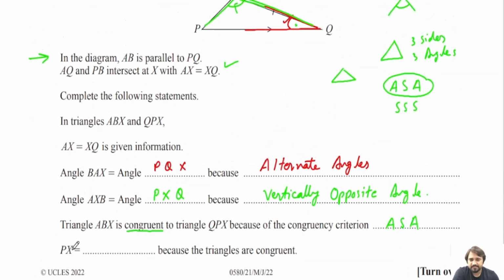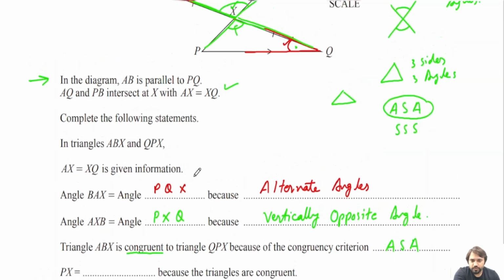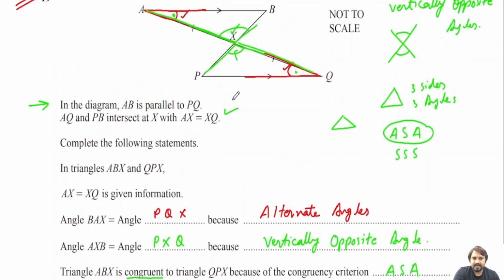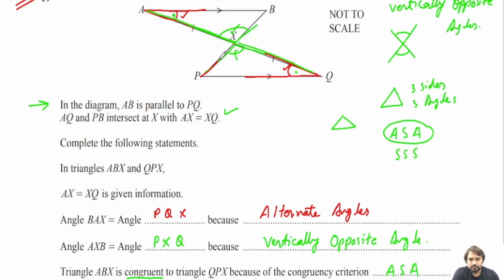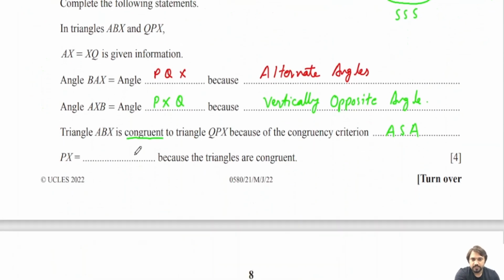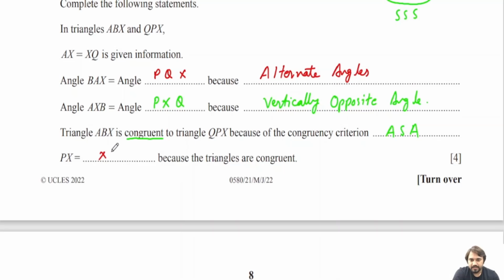Now the next thing is PX is equal to what? If 2 triangles are equal, then their sides and their angles are all equal. We have to now tell that PX is equal to what? PX will be equal to XP, because the 2 triangles are congruent.